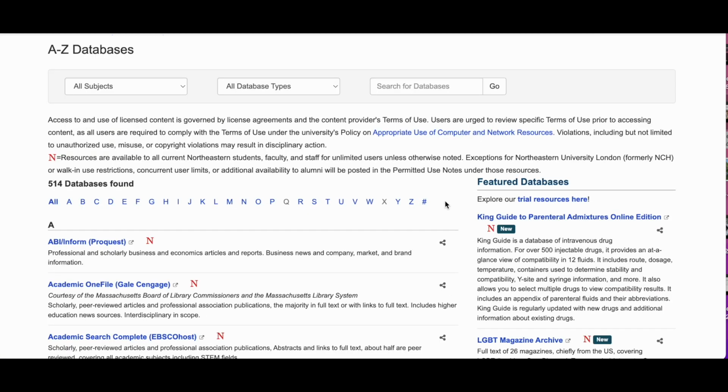So with the databases, the idea is that you've got to figure out which databases are the kinds of databases that publish articles and books and things about what you are trying to research. And then once you do that, figuring out how to come up with good search queries should get you good sources for whatever project you're working on here.